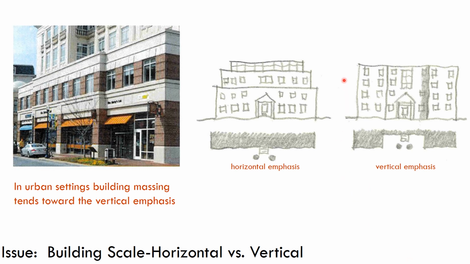So here are two buildings. They're about the same size. This one has a horizontal emphasis, and what it has is a kind of base, and then there is a step back here and also one on the roof. So this kind of makes the building into three horizontally oriented main massing components.